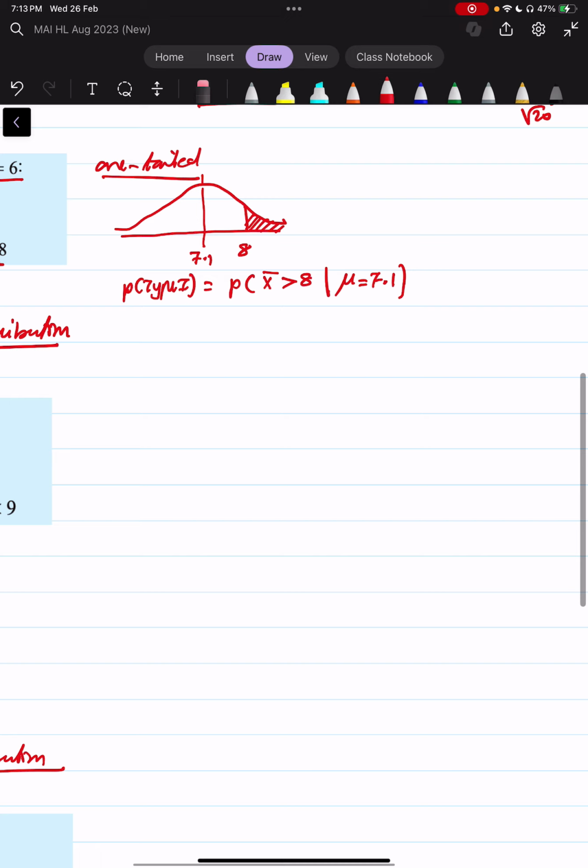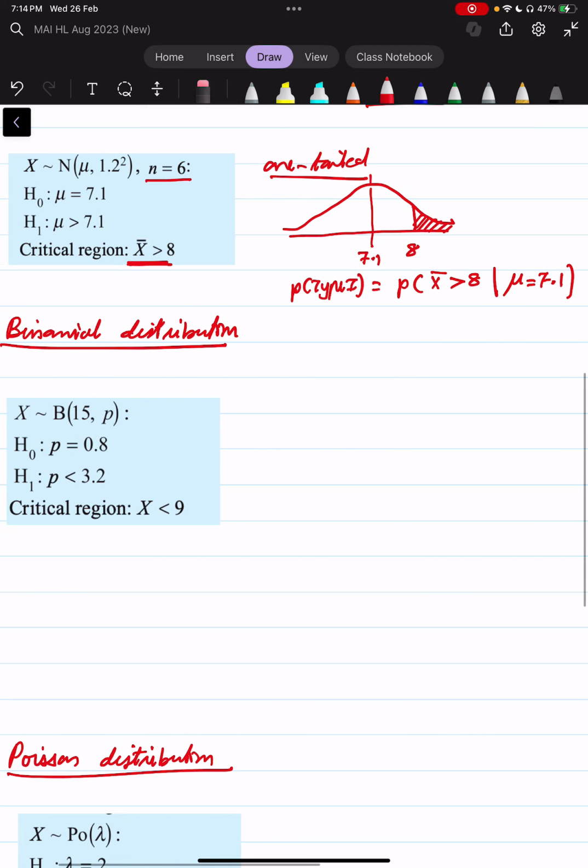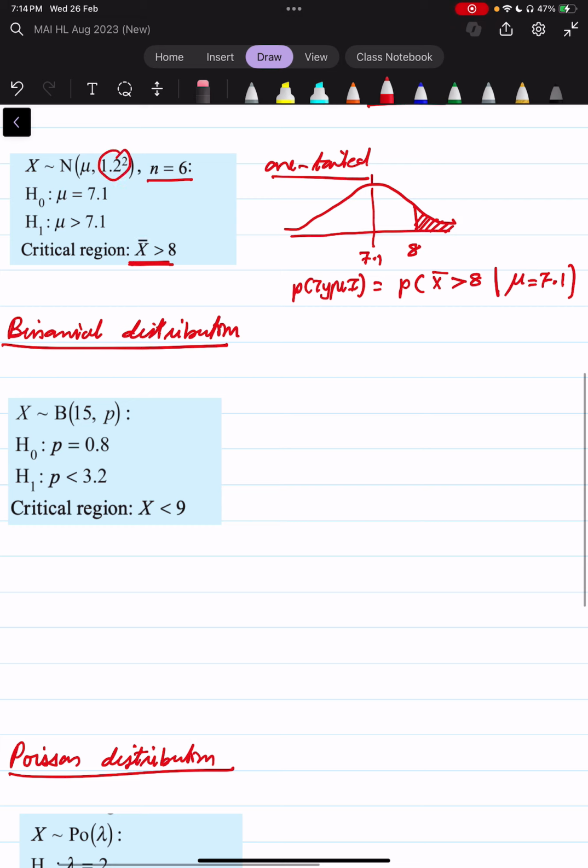So I'm putting in the NCD: lower limit 8, upper limit 10 to the power 10. You can put in that very large value, 10 to the power 10. Standard deviation, so your variance is 1.2 squared, so the standard deviation will be 1.2 divided by the square root of 6.